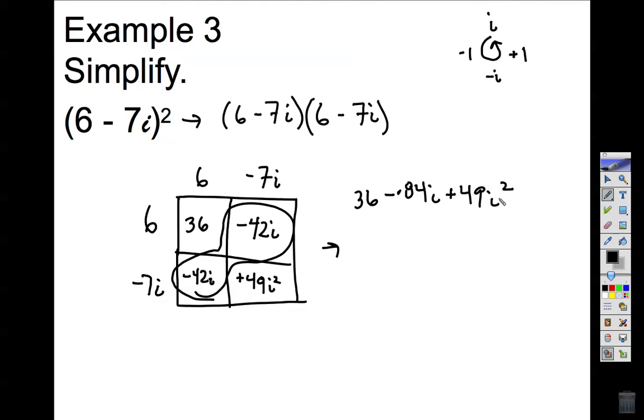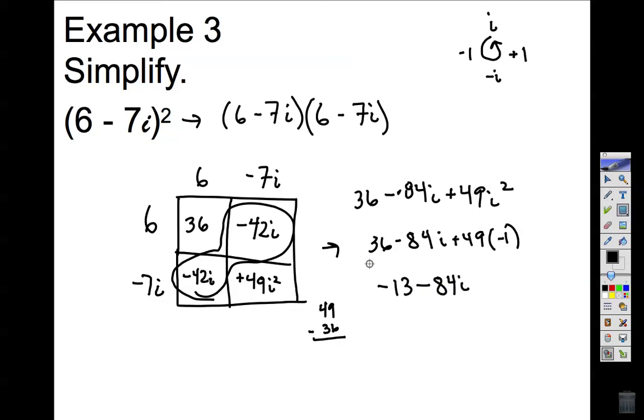So we're going to substitute -1 in here: 36 minus 84i plus 49 times -1. This is -49, and 36, so 49 minus 36 is 13. Negative is bigger, so -13 minus 84i. And this here is how we simplify this example.